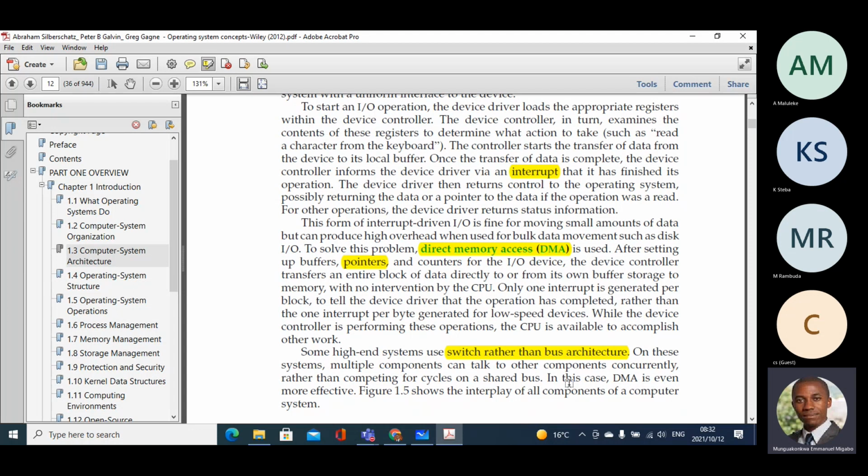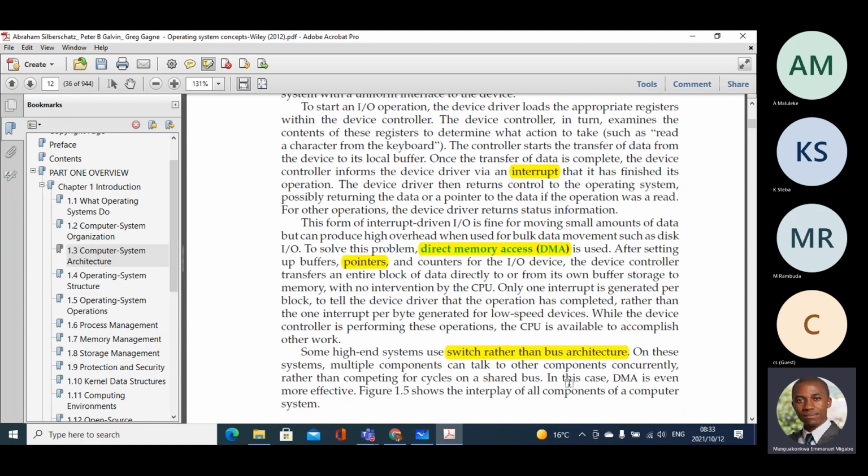In most computer systems, communication between the different components is handled by means of buses. We had mentioned address and data buses, and the system bus. But there is an alternative in terms of computer architecture, and that alternative uses what we call a switch.